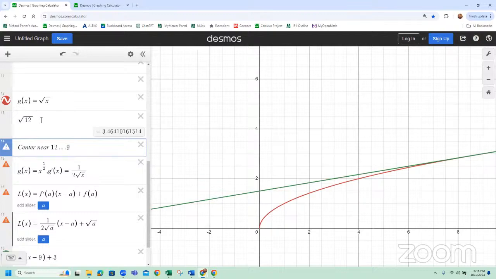I'm going to write g of x as x to the 1/2 and g prime as 1/(2 square root of x). That's the derivative.